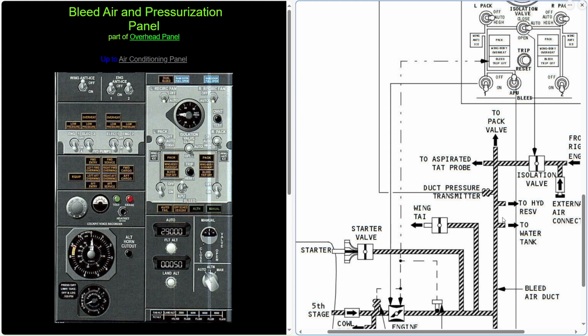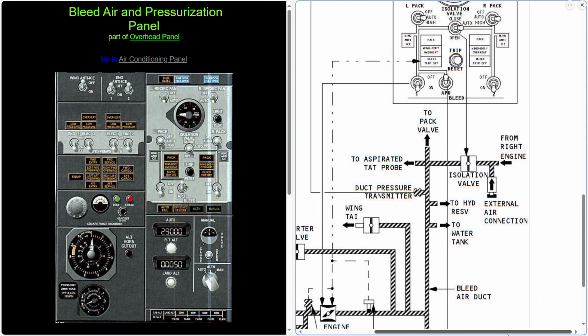And then also there's pressure to go to the hydraulic reserve system. Now this is a backup hydraulic system, so it comes in there, then it comes out, it goes to the pack valve here, and then this is, like we said, the left engine.